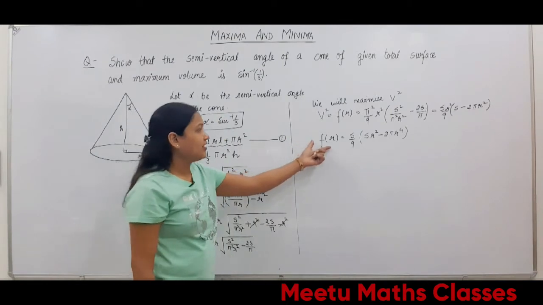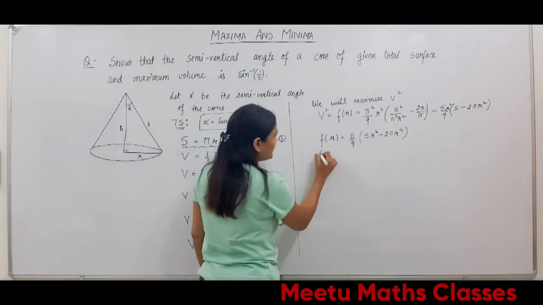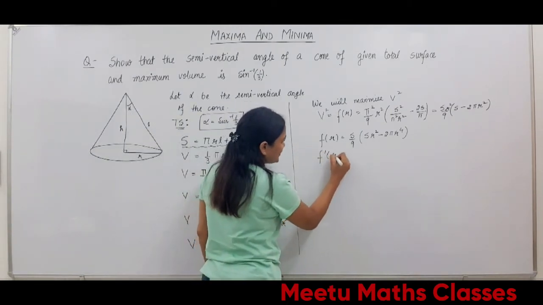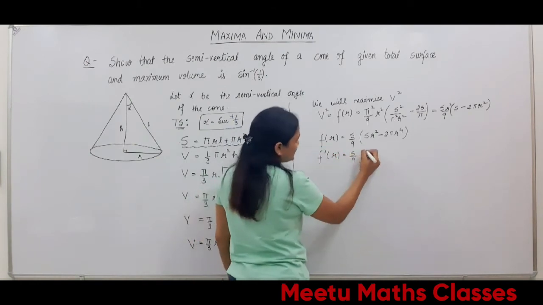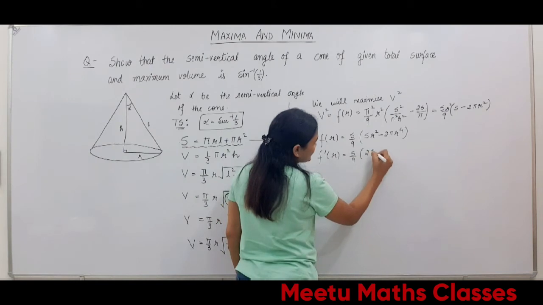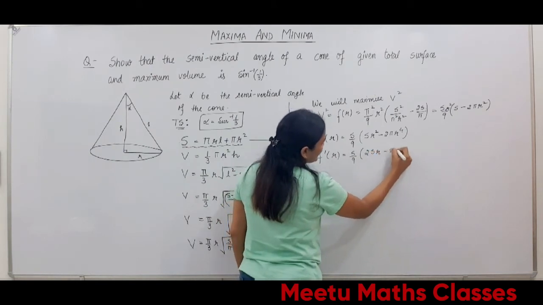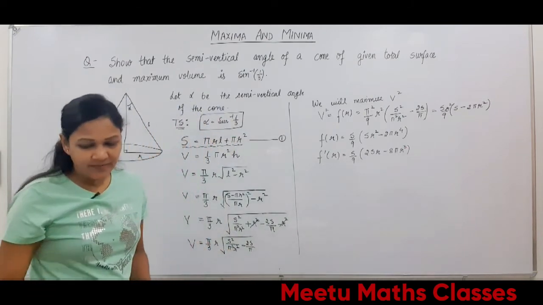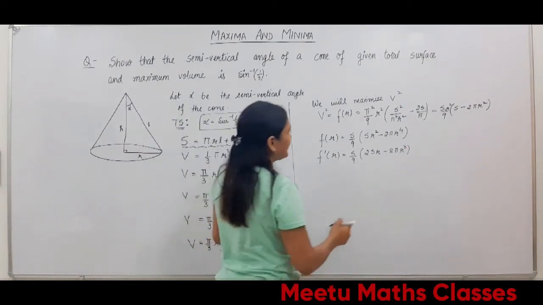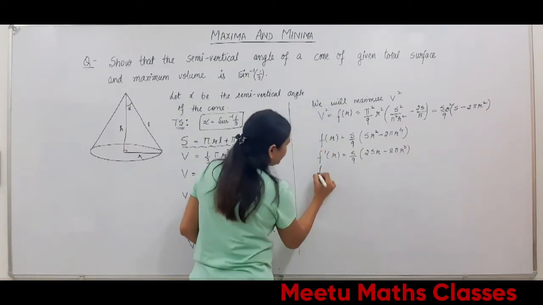Now to find the extreme points, you have to differentiate it once, and the derivative of this with respect to r is 2sr minus 8 pi r cube. Now for extreme points, you are going to put it as 0.